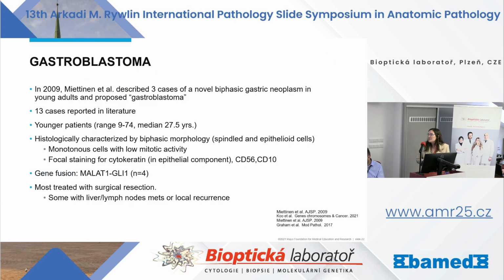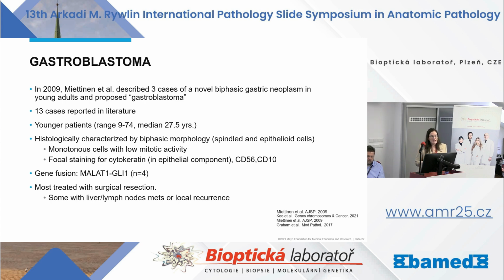In terms of the GI tract, there's the probably related entity of gastroblastoma, which was described in 2009 by Dr. Miettinen. He described 3 cases of this novel biphasic gastric neoplasm in young adults and proposed the term gastroblastoma. There are about 13 cases in the literature to date. They tend to be younger patients with a median age of 27, but we can see a pretty wide age range.